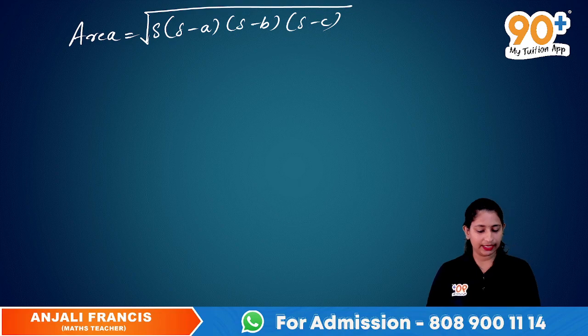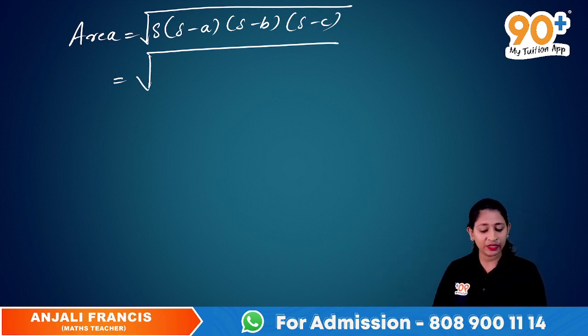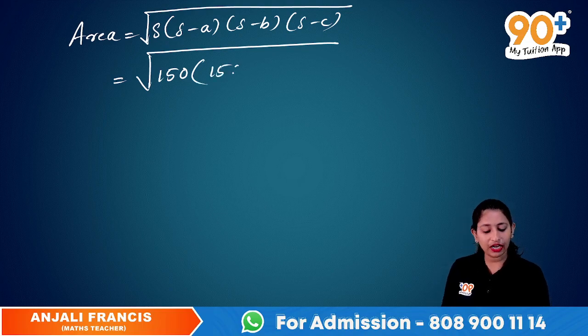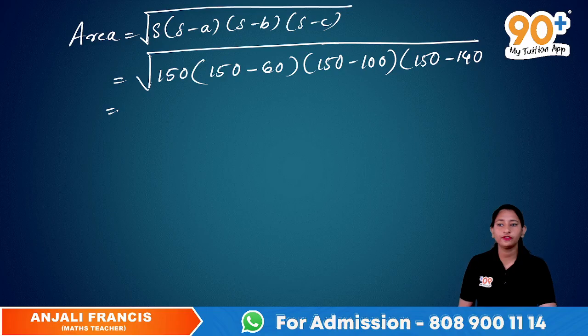Yes. So here root of s, and what is the value of s here? Semi perimeter. Yes, it will be 150. So 150 into 150 minus 60 into 150 minus 100 into 150 minus 140. Is this step okay for you?